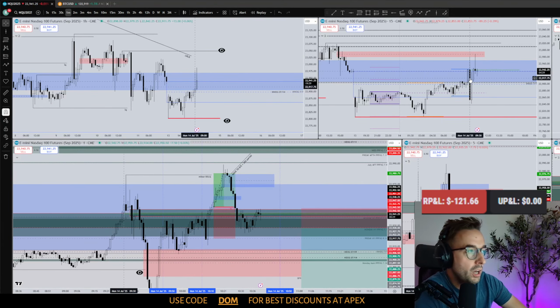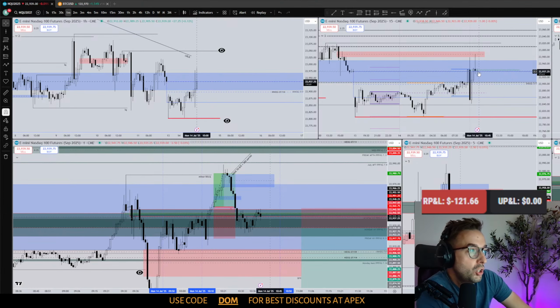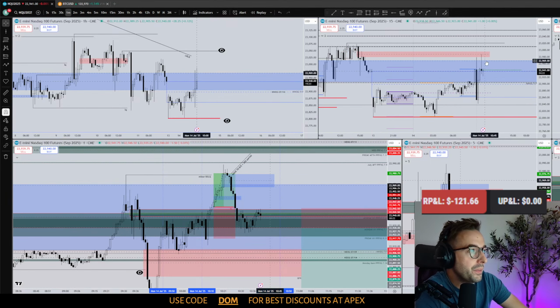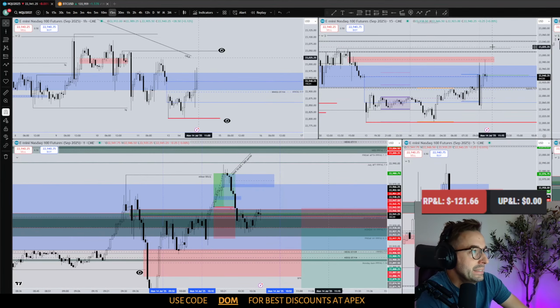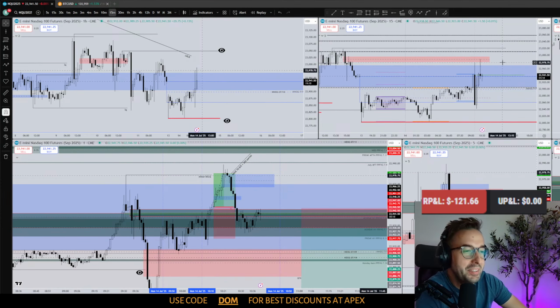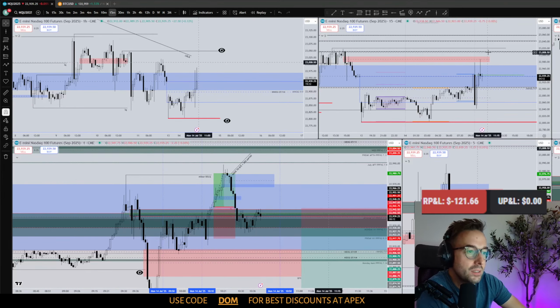Could you imagine going long here? Price went into this fair value gap, rejected. Longs could work, but is that a high probability? I don't think so on the 15 minute. It's a 50-50 here, in my opinion. It either goes short or goes long, and I don't have that knowledge right now to tell you guys which way it's going to go. Even gun to my head, I wouldn't be able to tell you.